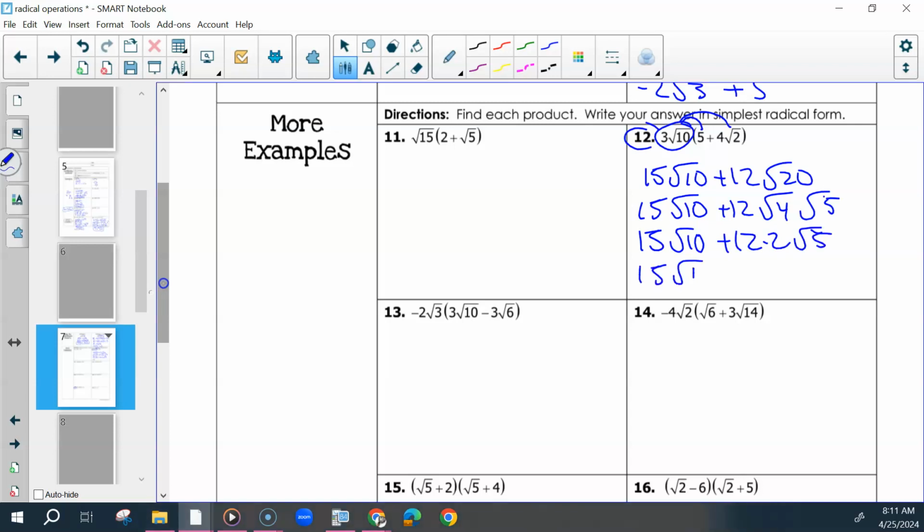So 15 root 10 plus 24 root 5. Can we combine these? They're not like radicals. So that would be our final answer. Questions on that one? We'll do 17 and then be done for today.